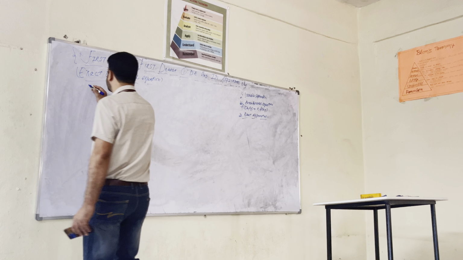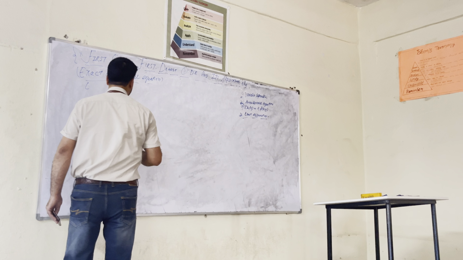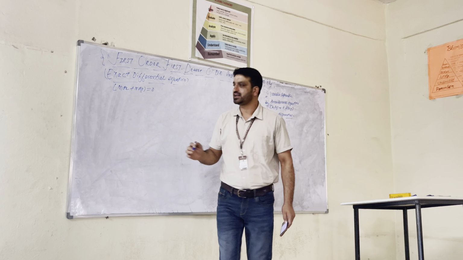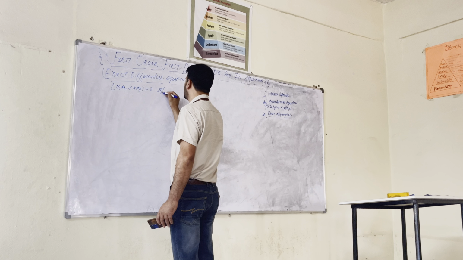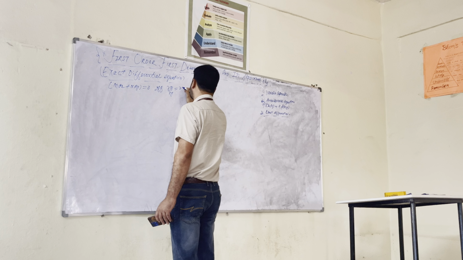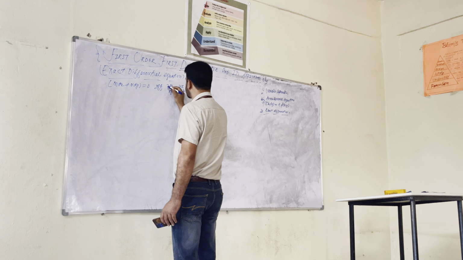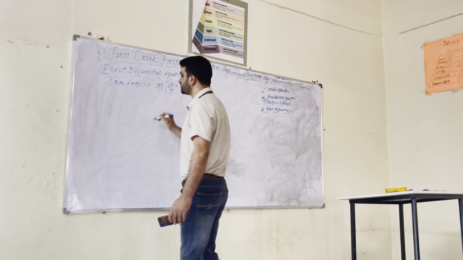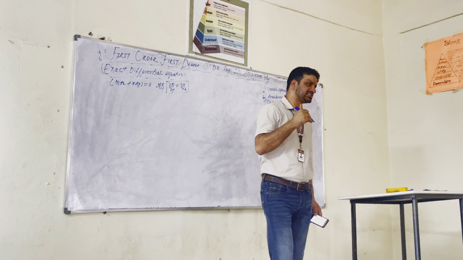Any differential equation is said to be exact if it is in the form of M dx plus N dy is equal to 0, but it has a condition that if and only if dou M by dou y is equal to dou N by dou x, then the differential equation is said to be exact.